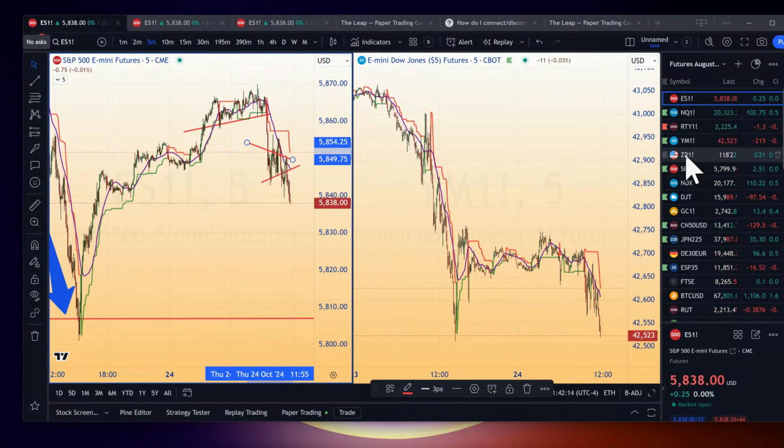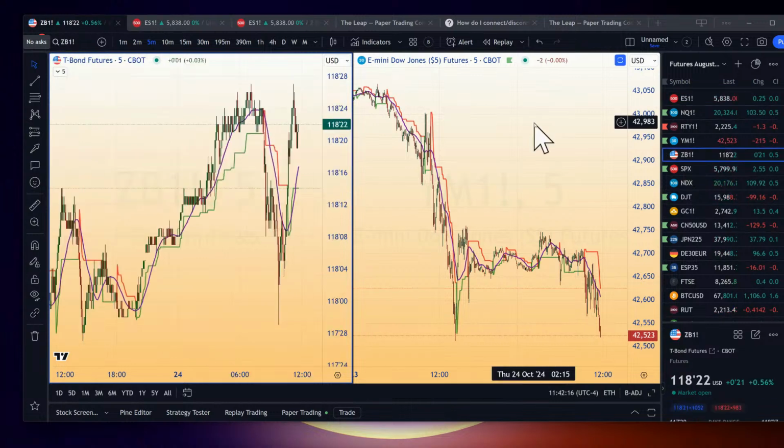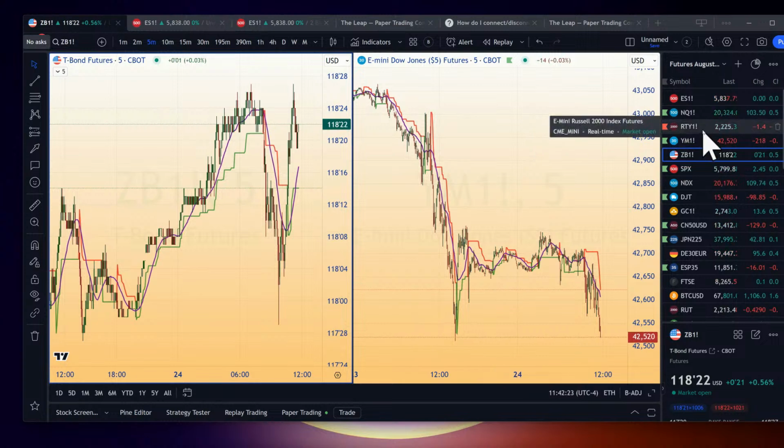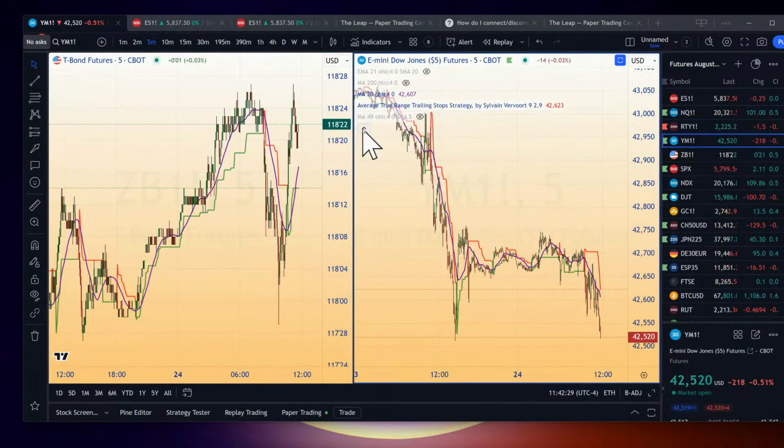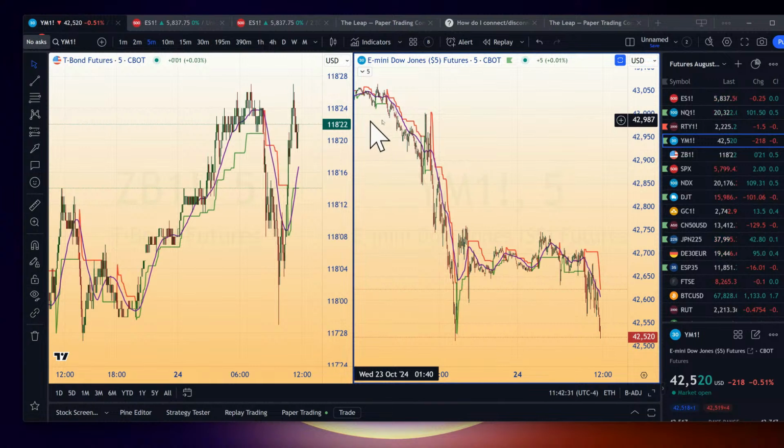Now, you might say, well, bonds are now going up. Well, yeah, now they're going up and they're helping. But the Russell is the key, because the Russell has been a big laggard. And everybody is watching that in relation to the 20 moving average. As you see, the ES is now selling off.